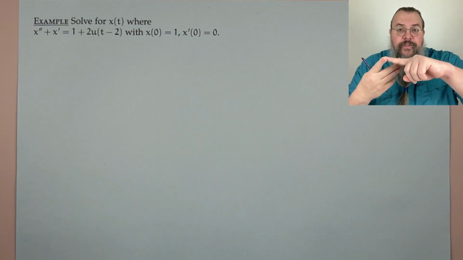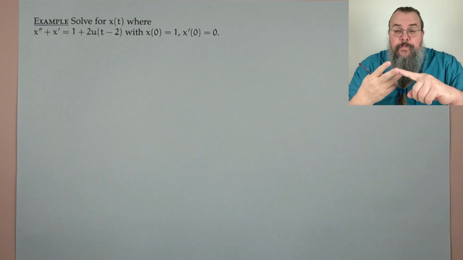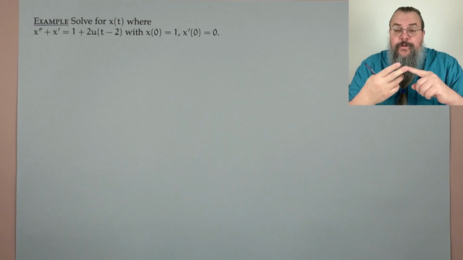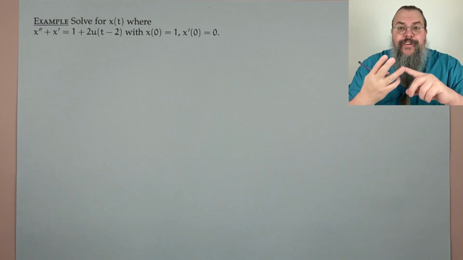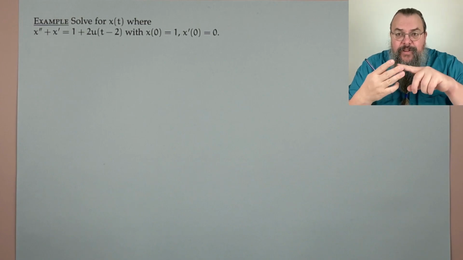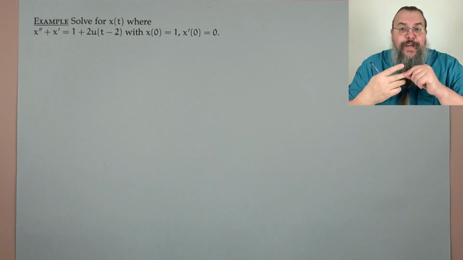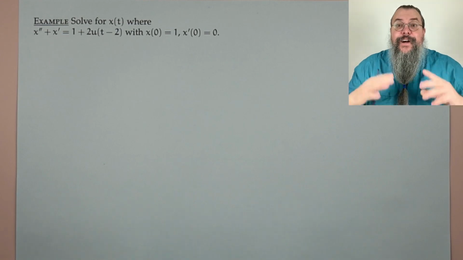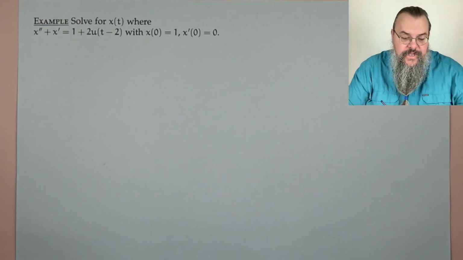Take the Laplace of both sides, manipulate to solve for your capital X, take the inverse Laplace. Basically, three big steps, the middle step being the most important step, also known as algebra.